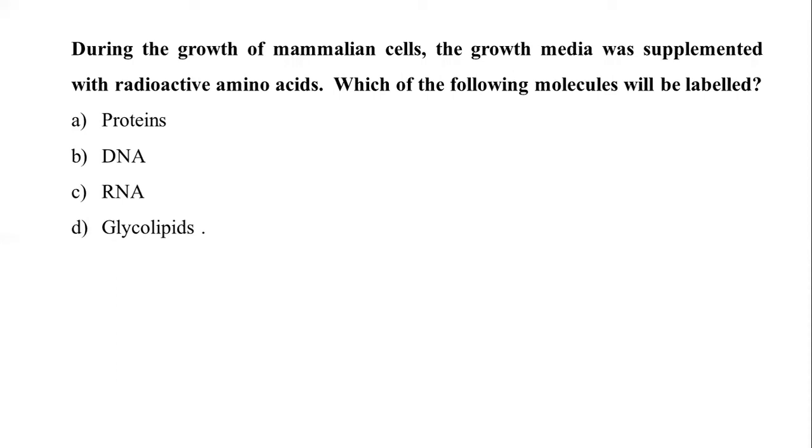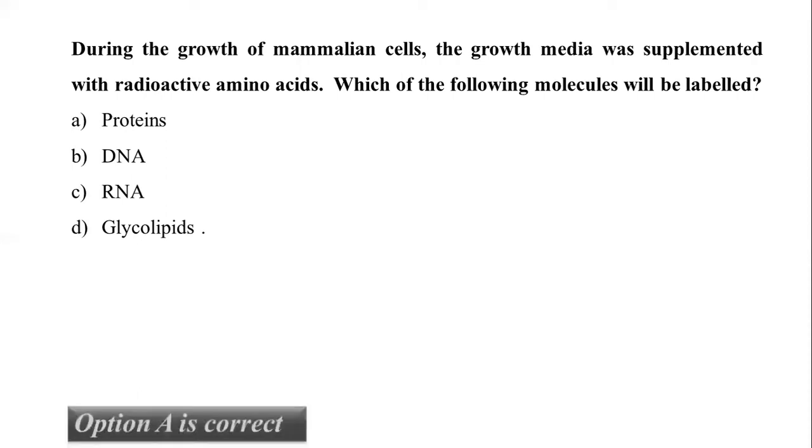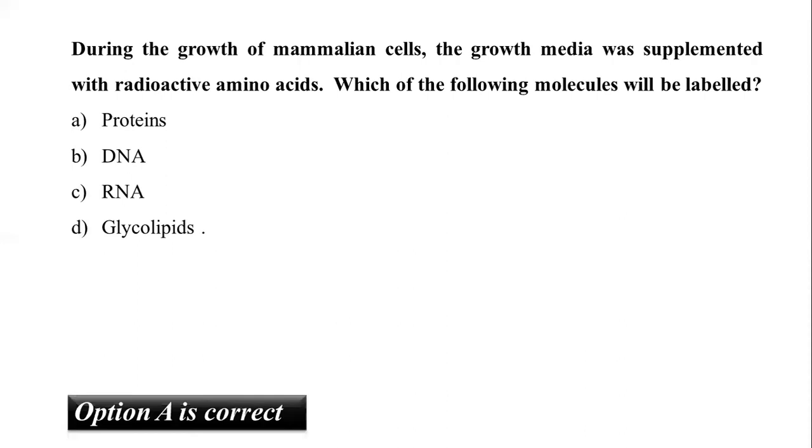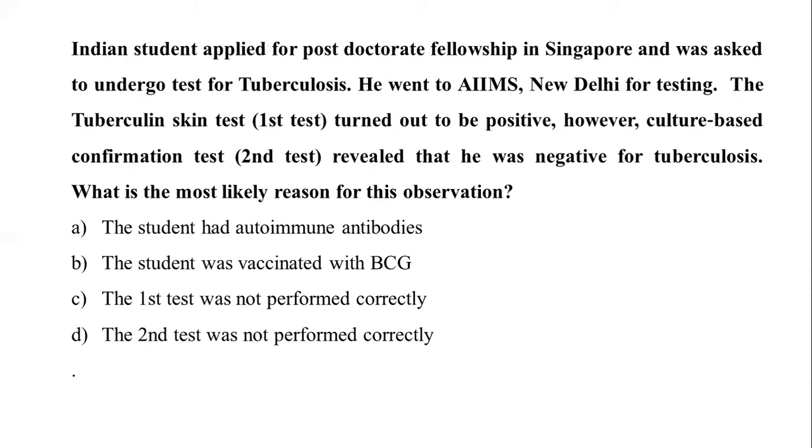The nucleic acids may also possess some degree of radioactivity, as there are certain amino acids that are used for de novo nucleic acid biosynthesis, but the major component which will show radioactivity would be proteins. So option A is the correct answer.